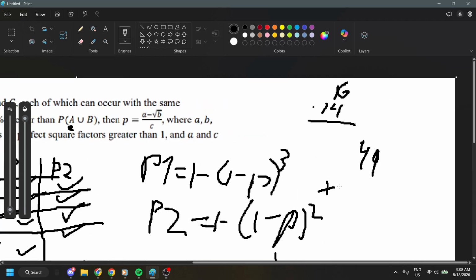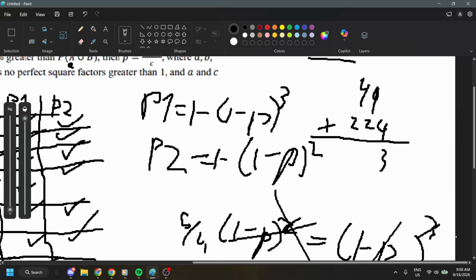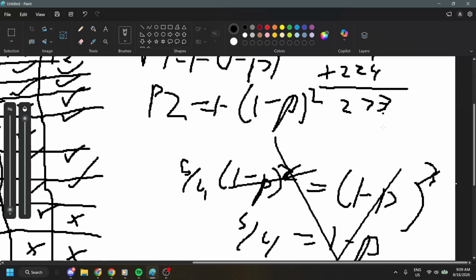49 plus 224 is, I think it's 17 squared. Oh wait, I was trying to multiply them. Shoot. Wait. 273.